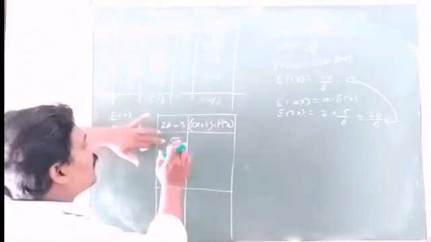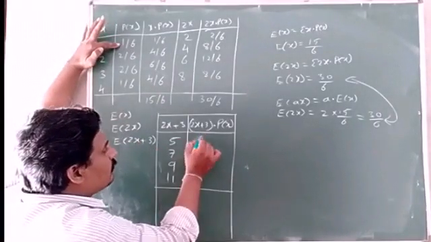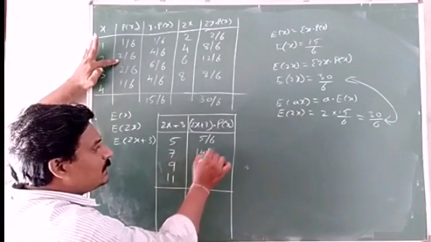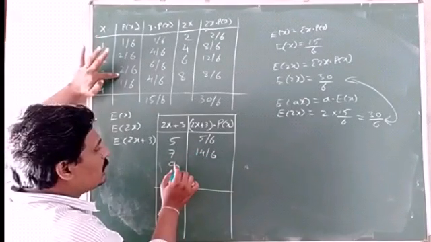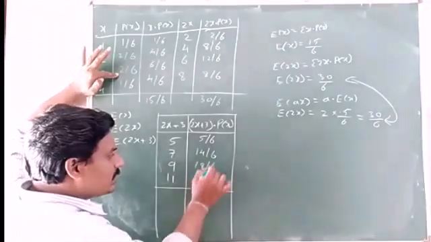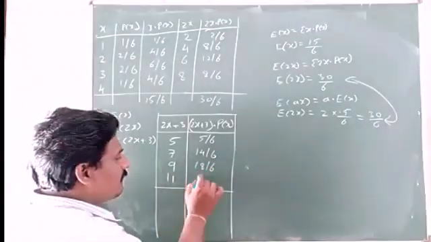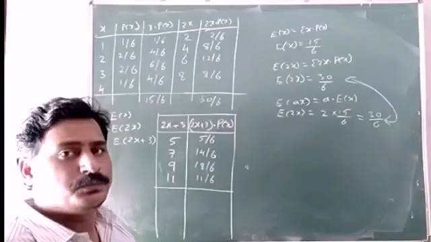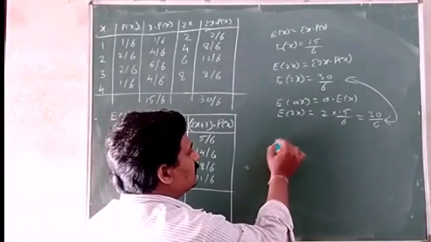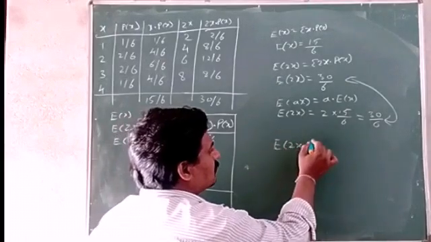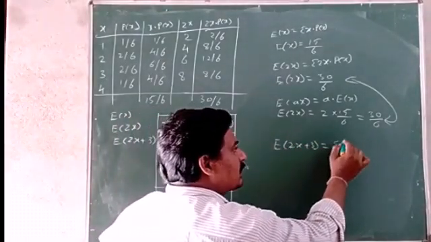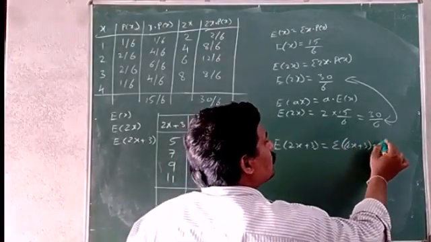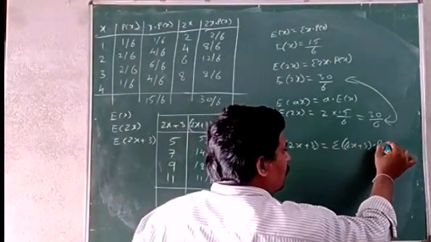That is 5 into 1 by 6, 5 by 6. 7 into 2 by 6, 14 by 6. 9 into 2 by 6, 18 by 6. And 11 into 1 by 6 is 11 by 6. So make a total of this column now. The formula for this is E of 2x plus 3 is equal to summation of 2x plus 3 into P of x.